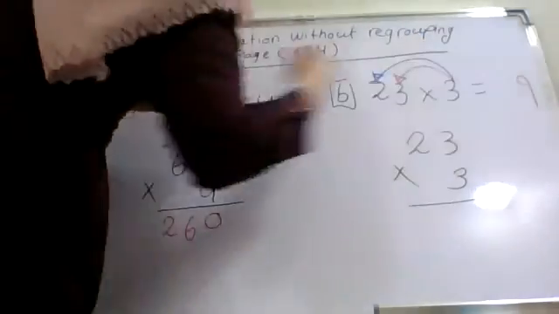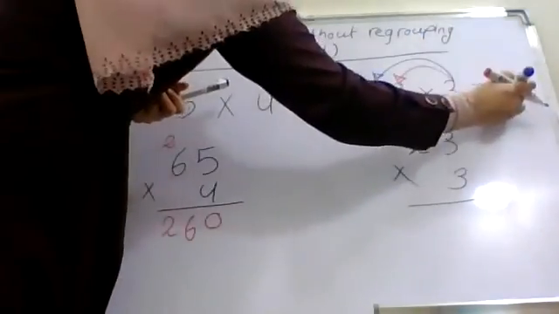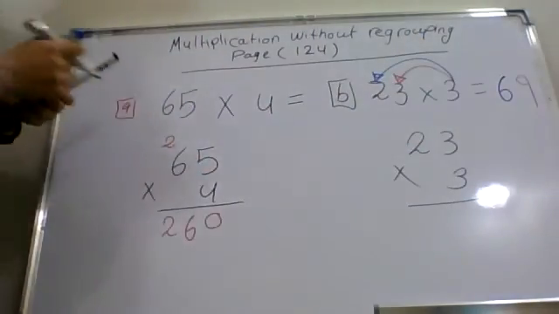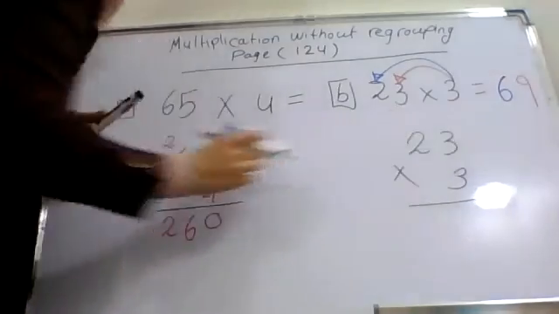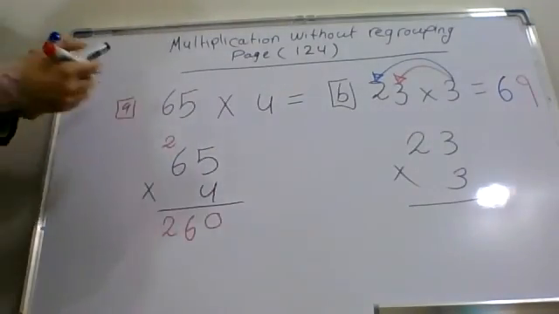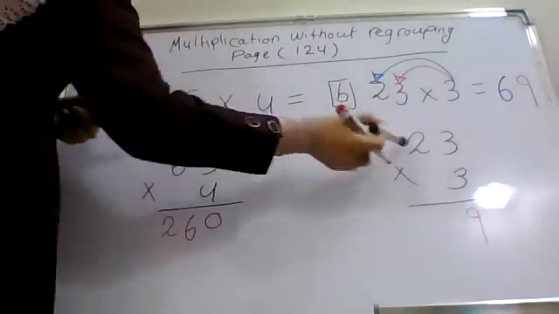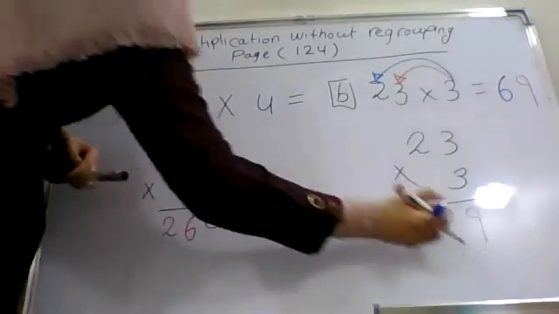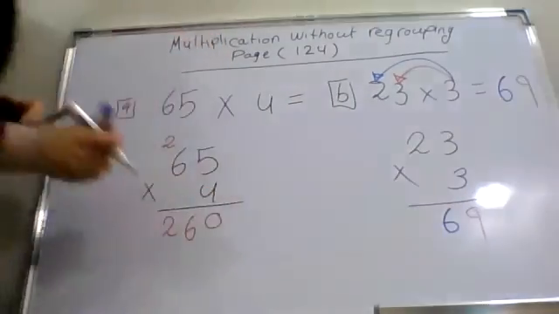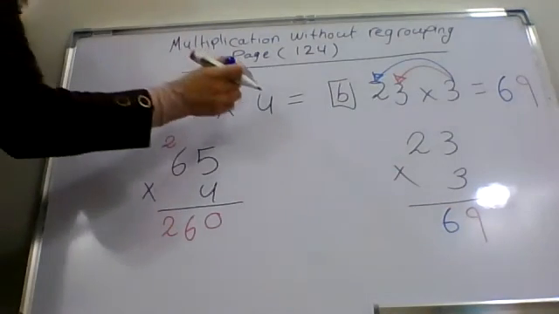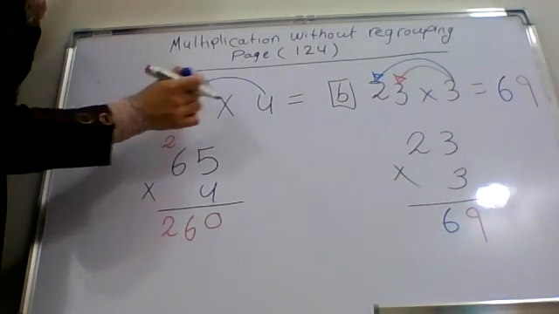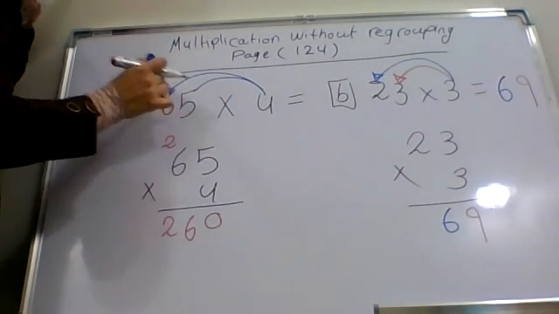So you write a 6 over here, okay? 3 times 3, it's 9, excellent. 3 times 2, it's 6, excellent. You see, it's the same way, okay? And here you are multiplying 4 with 5, then you multiply 4 times 6.